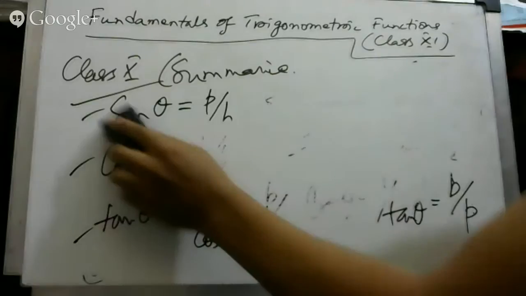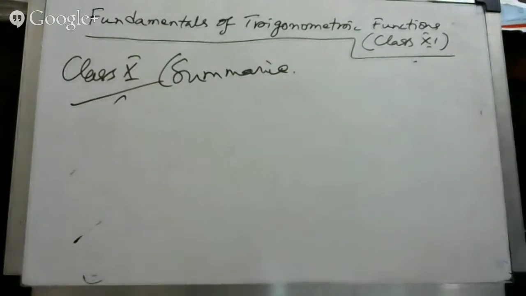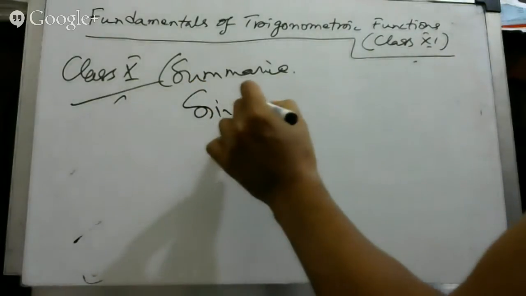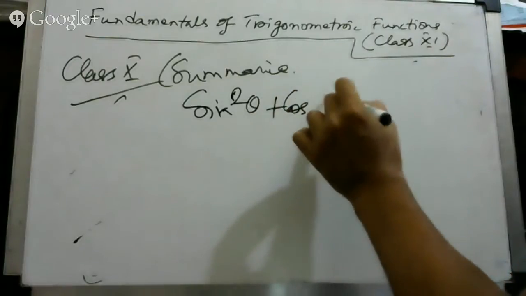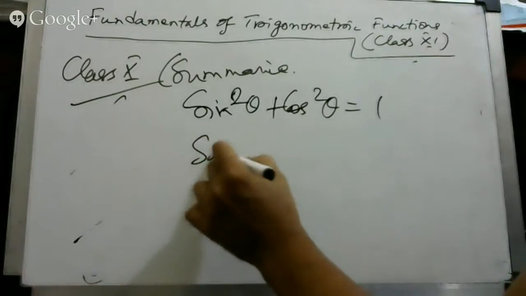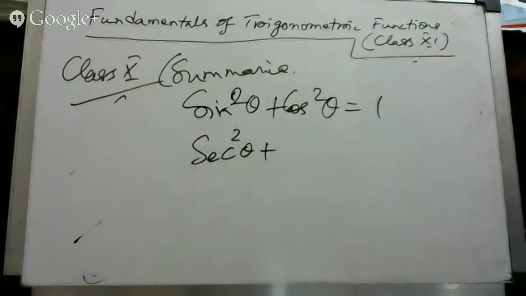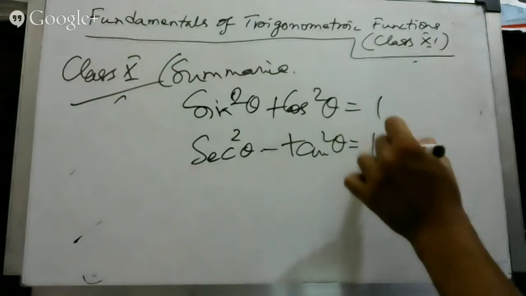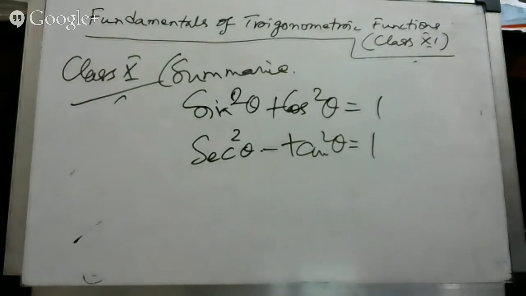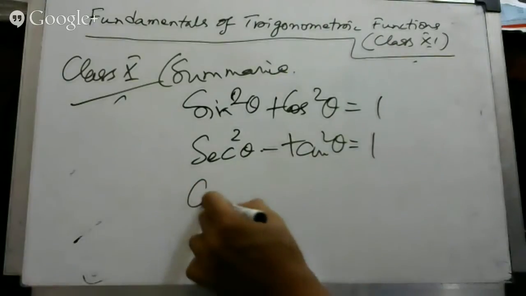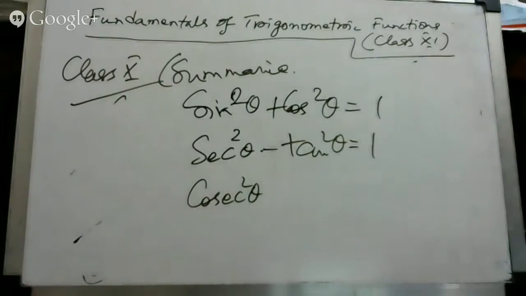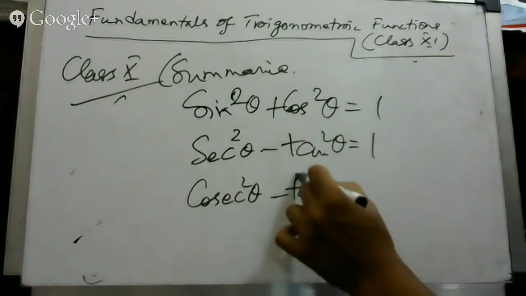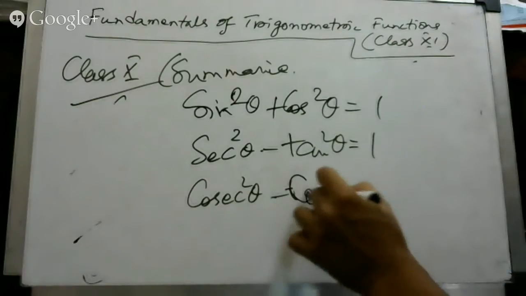And other additional things which you covered in class 10 are: sine square theta plus cos square theta is equal to 1, sec square theta minus tan square theta is equal to 1, and then we have cosec square theta minus cot square theta is equal to 1.